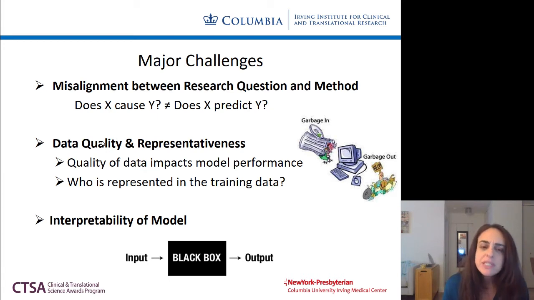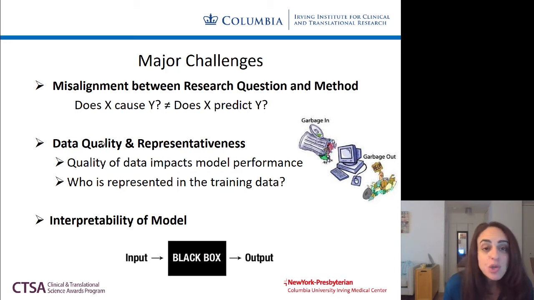The second piece of this is representativeness and thinking about who is in your training data. This becomes really important when we think about concepts like algorithmic bias. We know that many of our data sources are affected by systemic biases, things like racism, sexism, right? All of those types of things.